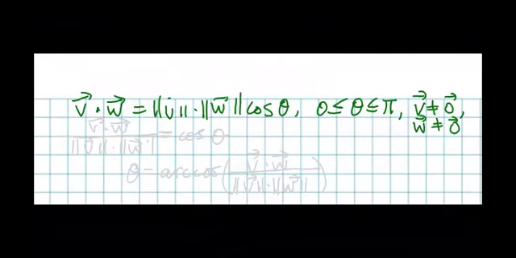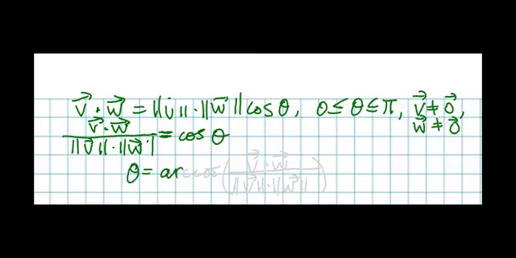I copied the equation and some information from the previous page. If we divide both sides by the magnitude of vector v and the magnitude of vector w, we will get cosine of theta equals vector v dot vector w divided by the magnitude of vector v times the magnitude of vector w.